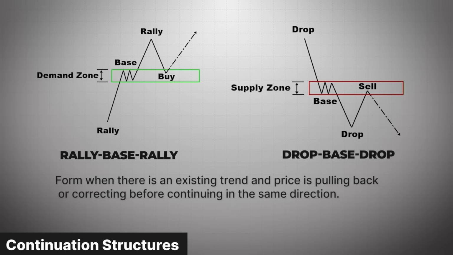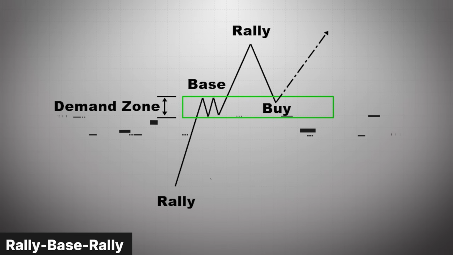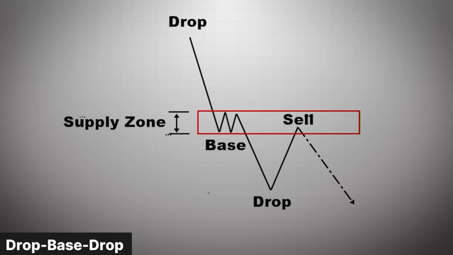These are your rally-based rally and drop-based drop patterns. If it's an uptrend, you'll see a strong rally, a tight range where price forms a small base, and then another rally continuing the uptrend. For a downtrend, you'll see a sharp drop, a base, and then another drop, resuming the downtrend.